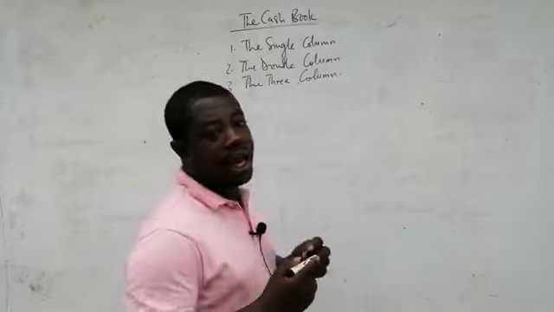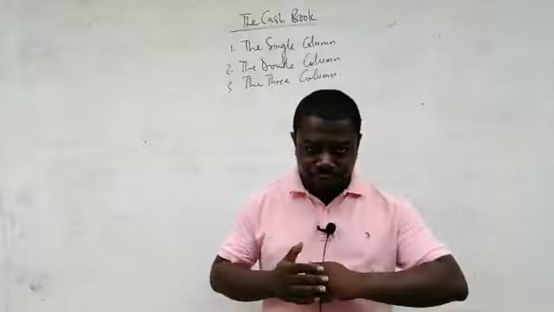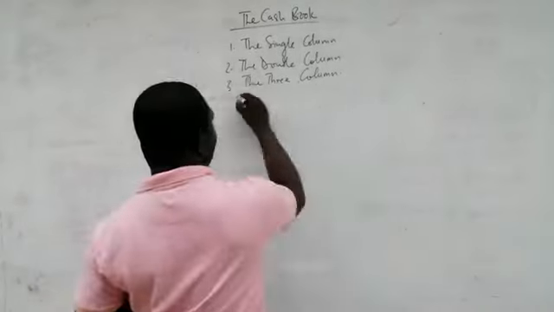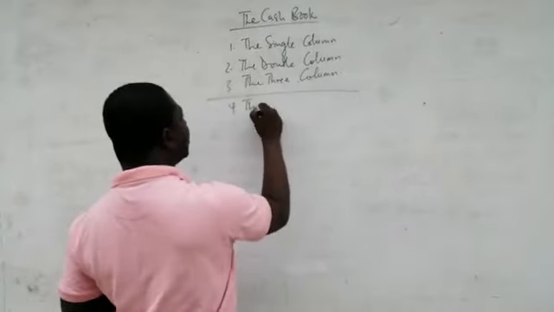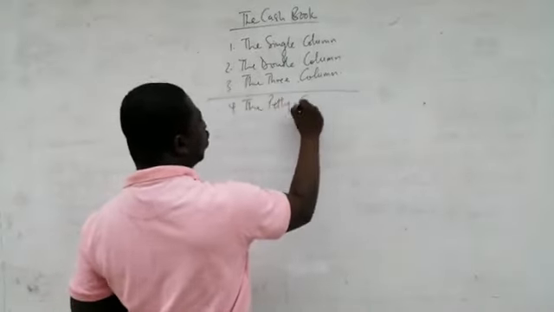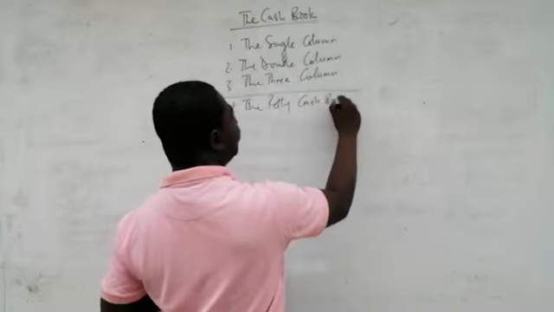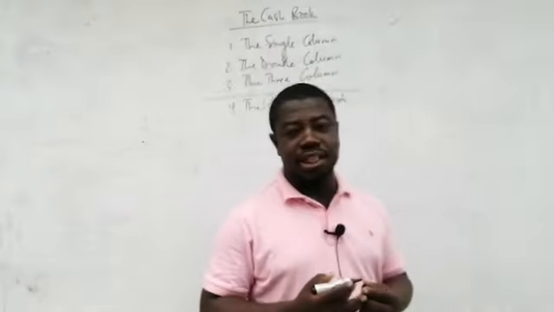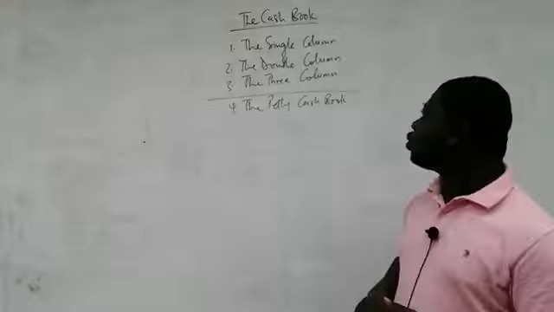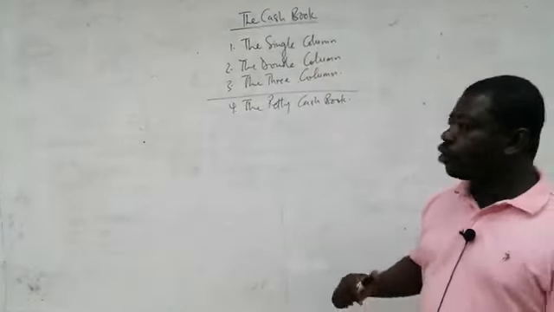Now, these are the three levels of the main cash book. There is also a cash book called the petty cash book, which is used to record petty cash expenses in the business. Okay, so these are the levels of the cash book.